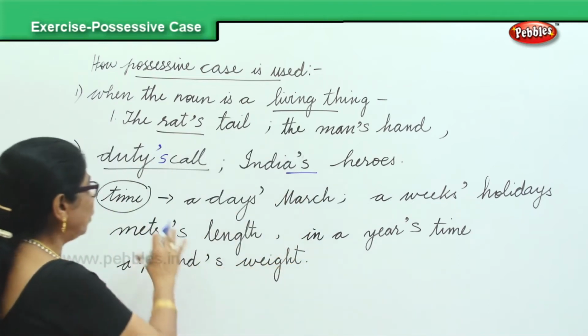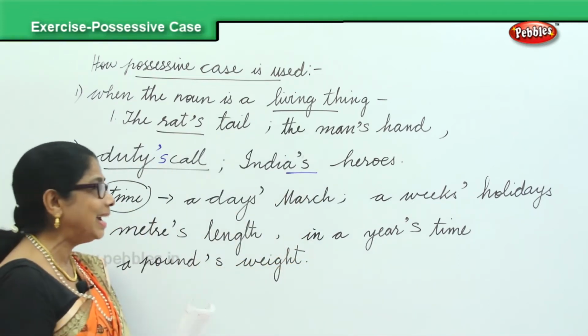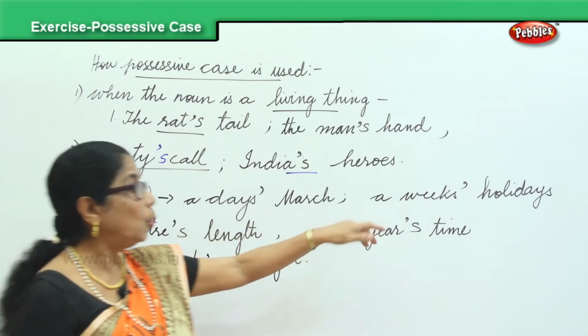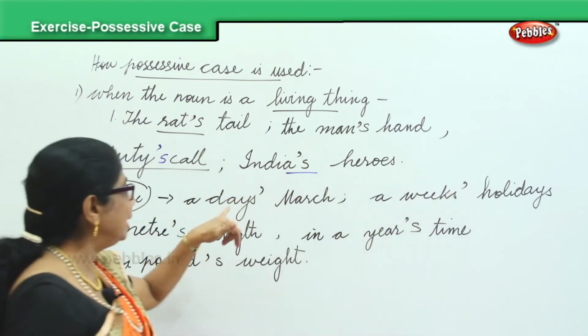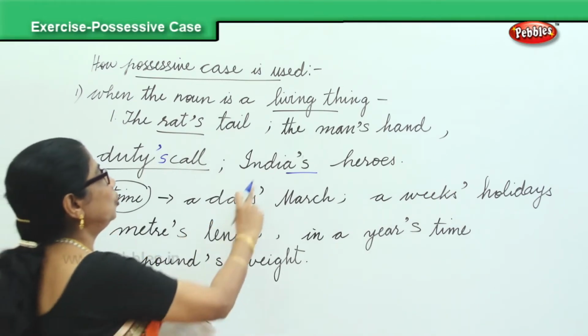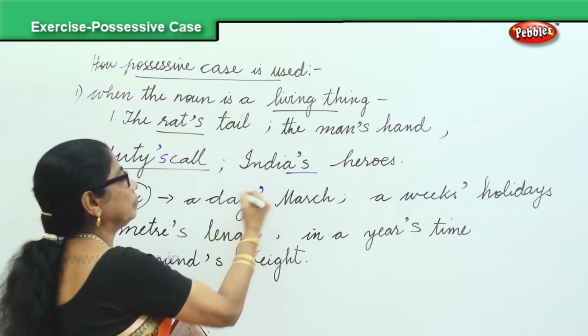In the third form, we are talking about time: a day's march, a week's holiday. When you say day, you write the day, and after the day, you put the apostrophe.